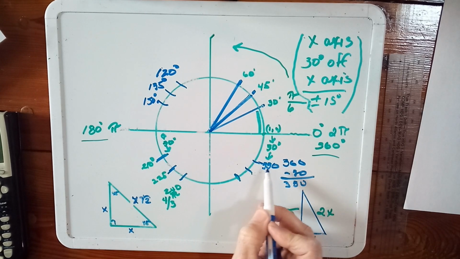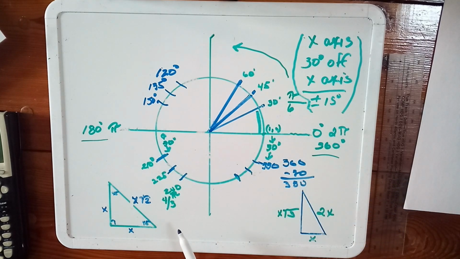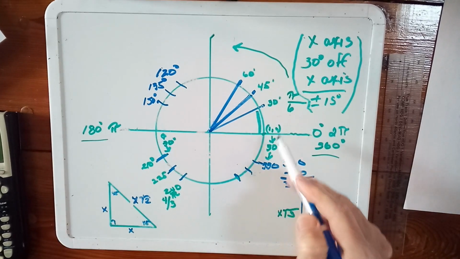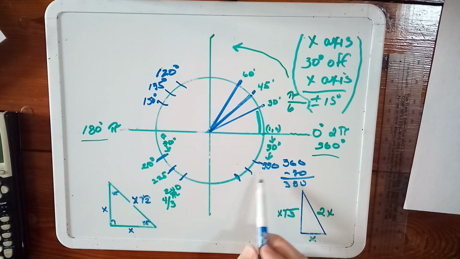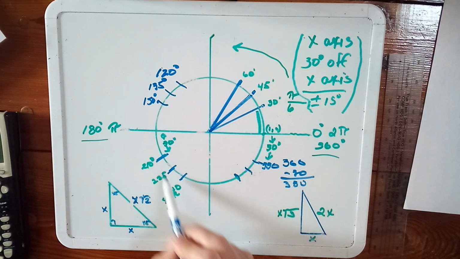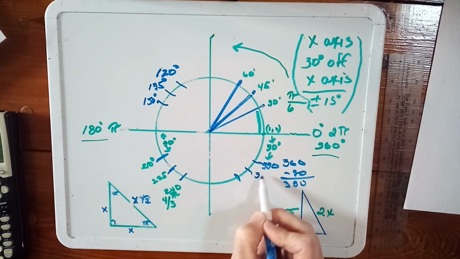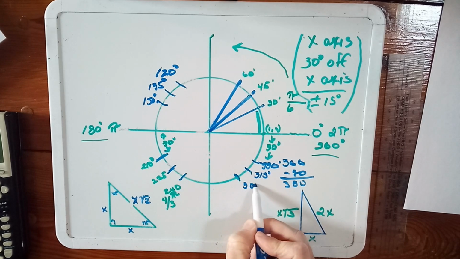330 minus 15, because I'm going backwards on the unit circle, remembering that the unit circle is always navigated going counterclockwise. When I go backwards, I'm going to be subtracting in this case because the degree measurement would be less. So this would be 315, and this would be 300.